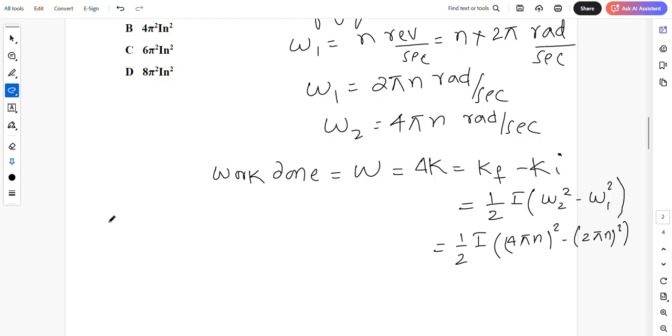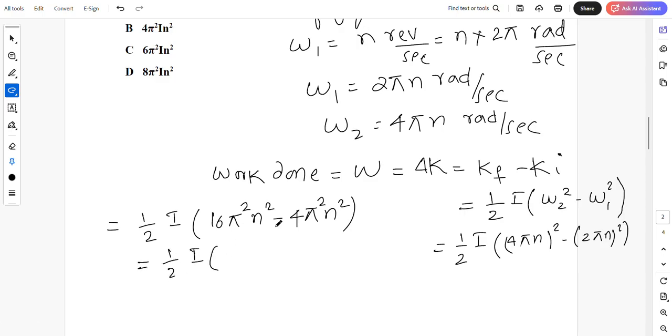Okay, this is equal to 1 by 2 I into 16 pi square n square minus 4 pi square n square. That is equal to 1 by 2 I, 16 minus 4 will be 12 pi square n square.